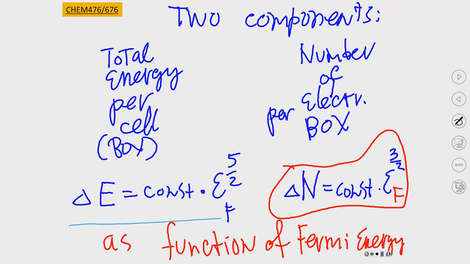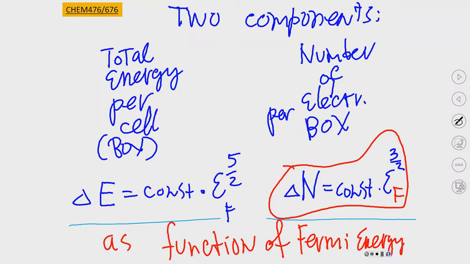So, just a summary of what we got. Do we need Fermi energy ever? In our original discussion, we need to connect density and total energy.